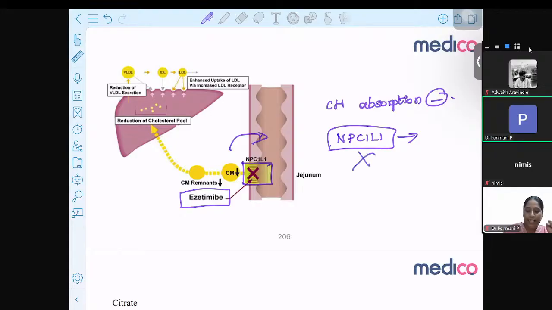Since this is inhibited, what happens? The cholesterol will not be absorbed. So there's going to be a decrease in LDL. In response to this, the LDL receptor will also increase, and this helps in capturing more LDL. So this is about the mechanism of action of the drug, which is ezetimibe.